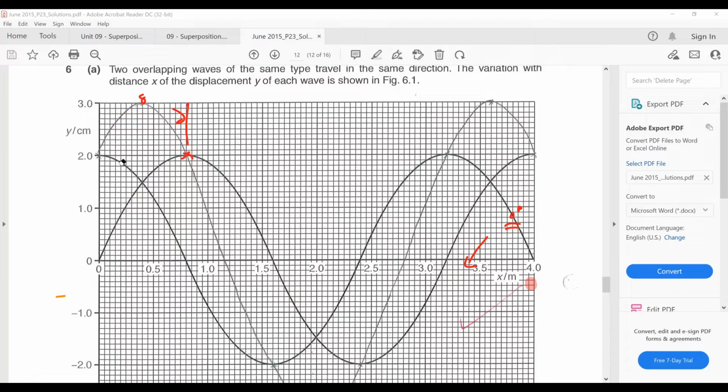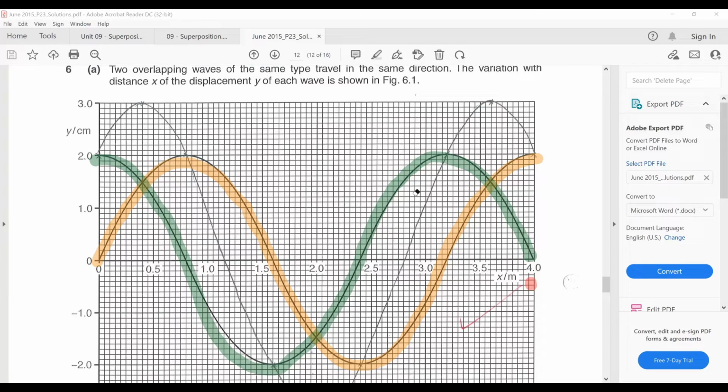Okay, so just now I highlighted those waves for you. This is wave number 1. This is wave number 2. Okay, so principle of superposition tells you that at the point where waves meet, the resultant displacement is the sum of displacement of the waves.